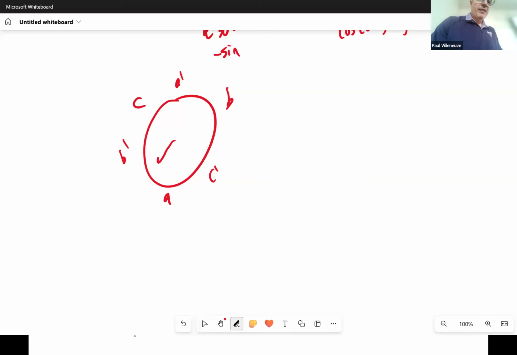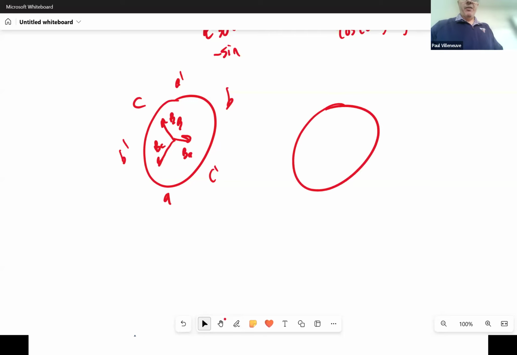So I've got B sub C, B sub A, and B sub B. Now, as Noah suggested, I'm going to swap A and C. So this is my modified configuration. This is C and C prime, A and A prime, B and B prime.